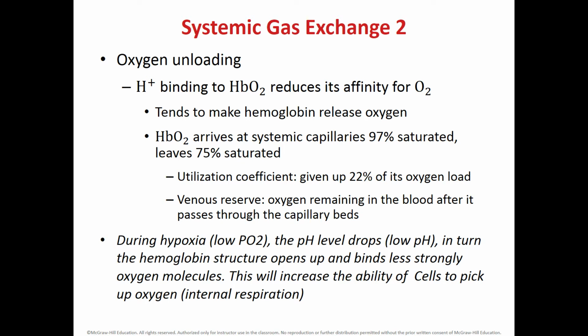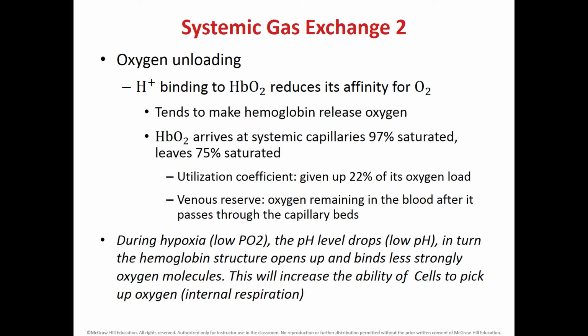And then afterwards we have something that is called the oxygen or venous reserve, in which the oxygen will remain in the blood after it passes through the capillary beds, but it will go then into the veins, together with this oxygen, 75% of oxygen.